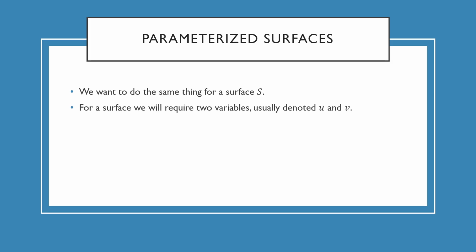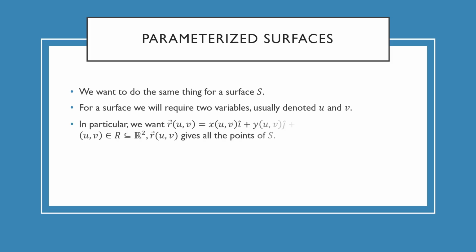Since a surface has 2 dimensions, it's going to require 2 variables. We usually denote these as u and v. So what we want is a vector valued function again, but in this case our function inputs 2 variables, u and v, and it still outputs a vector, but now our output functions x of u,v, y of u,v, and z of u,v each input 2 variables as well.